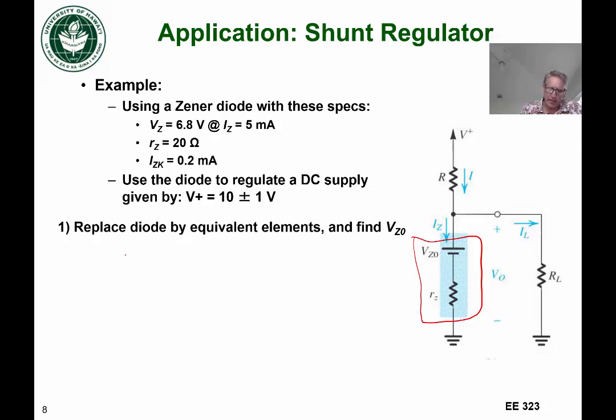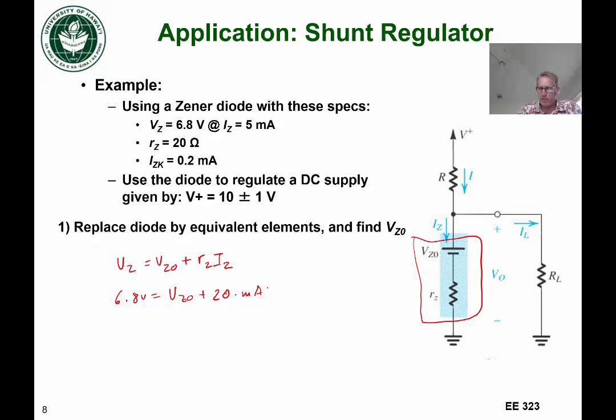And if we do this, we can determine that VZ, the output of our Zener diode, is equal to VZ0 plus RZ IZ. And in this case, this would be 6.8 volts is equal to VZ0 plus RZ, which is 20 ohms, and we know that the current is 5 milliamps.